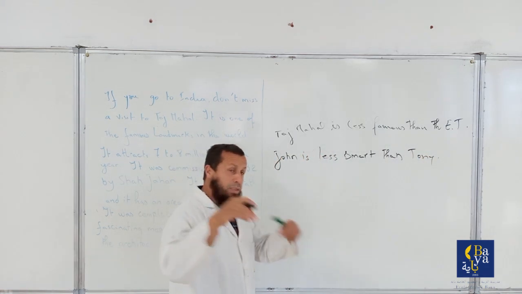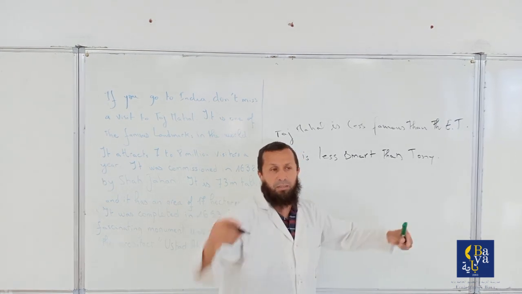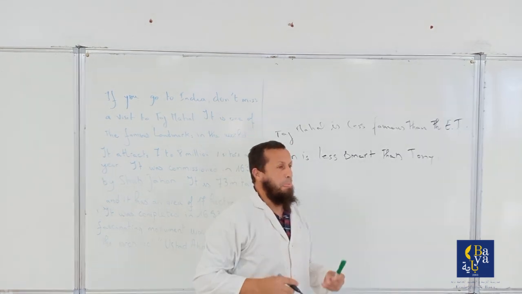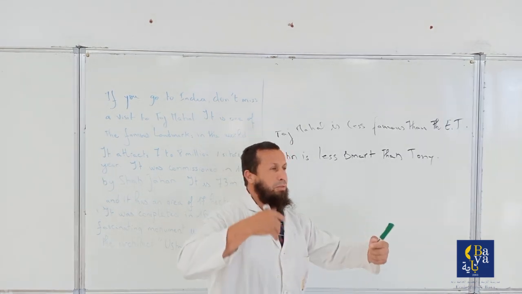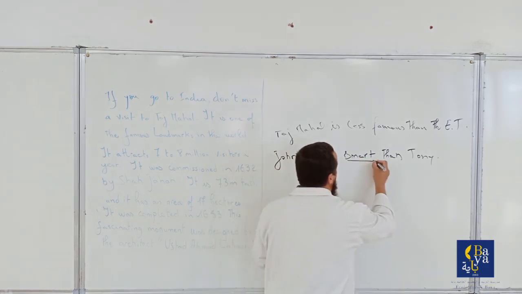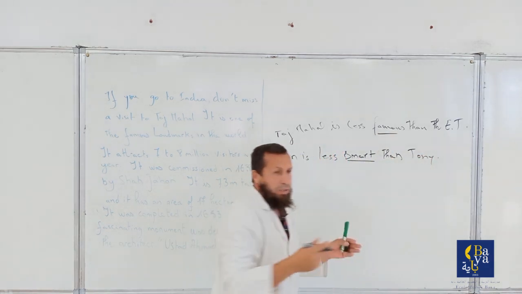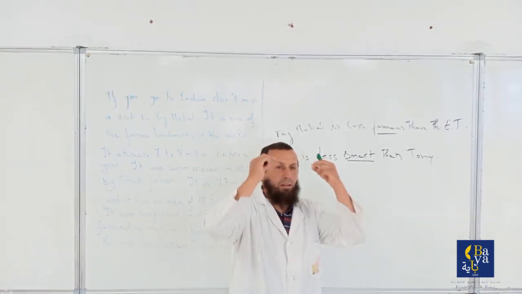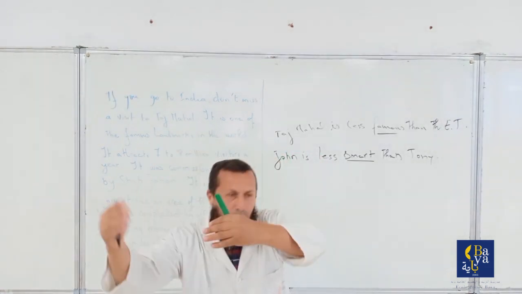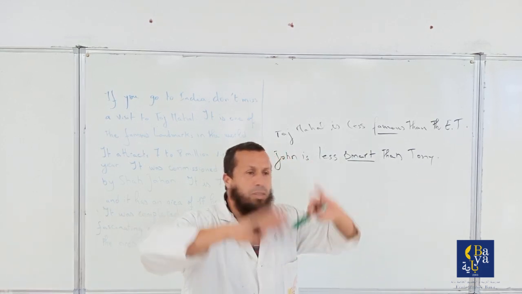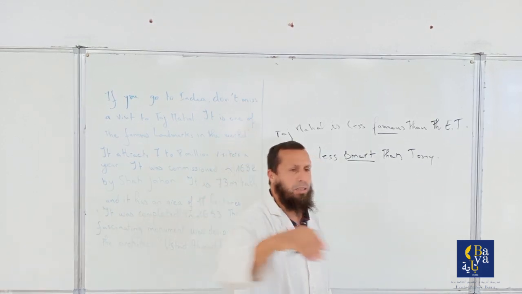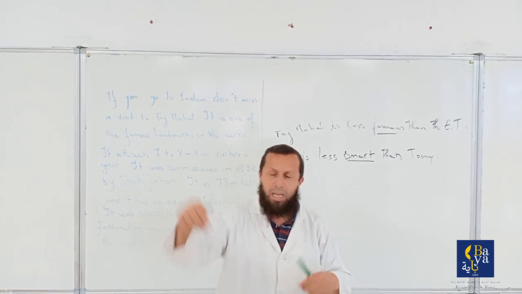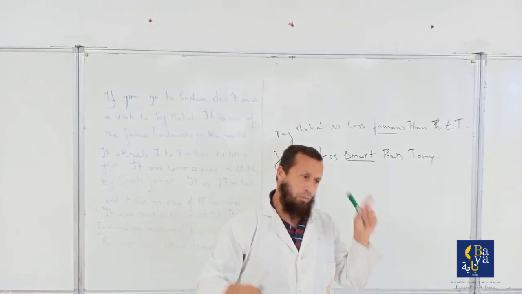We can notice here that we don't have to know whether it is a short adjective or a long adjective. The same applies to both. If you have a long adjective, we use less. If we have a short adjective, we use less.